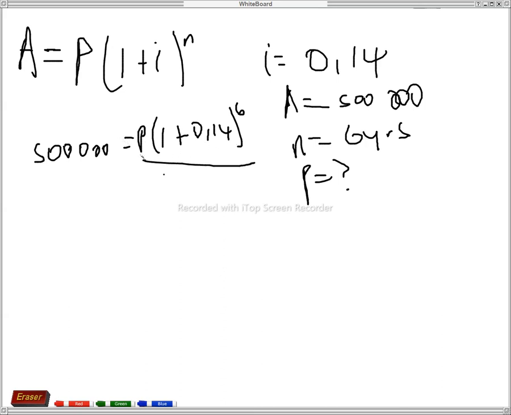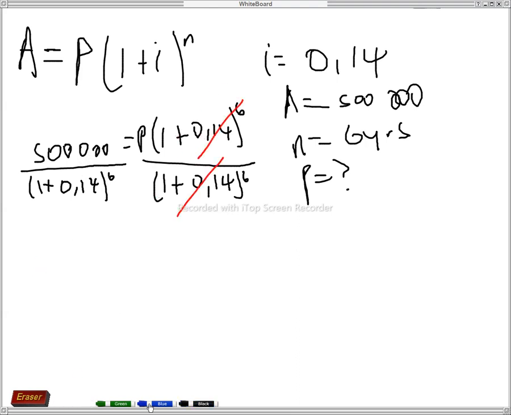You can simply divide by this bracket, (1 plus 0.14) to the power 6, on both sides. What you do on the left hand side, you also do on the right hand side. These are maths principles. This will cancel with this one, and then on your left hand side you just punch the calculator.